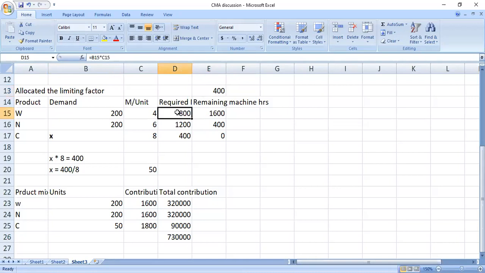Each unit is at 4, so I only have 400 available. W, you're only going to produce 400 divided by 4, which gives 100.